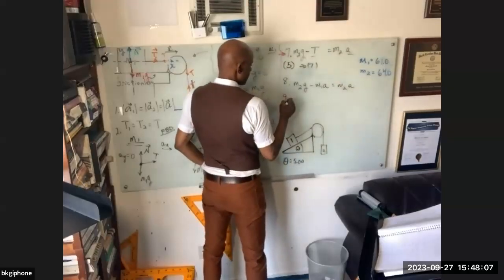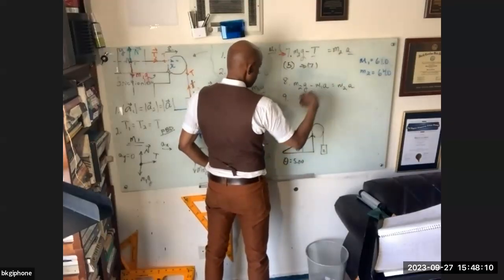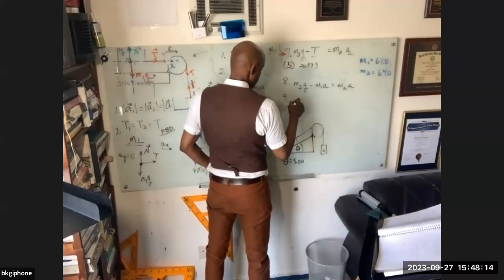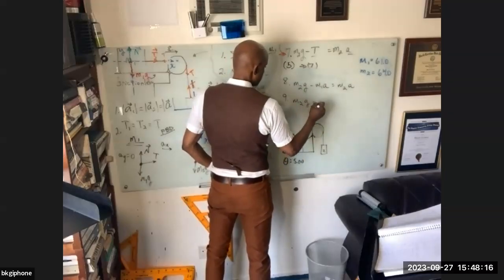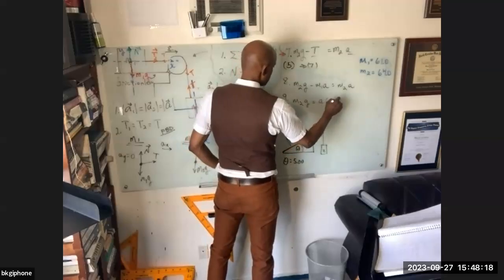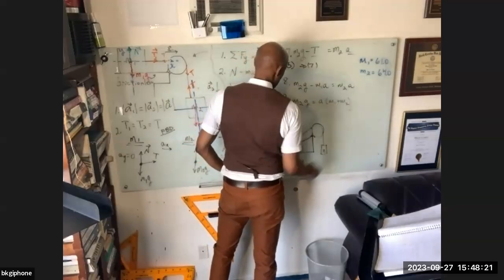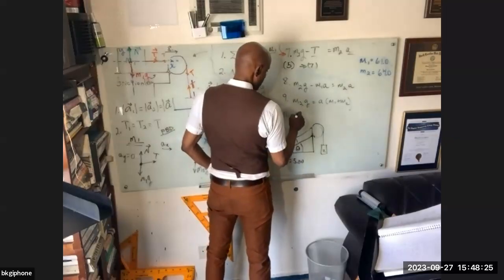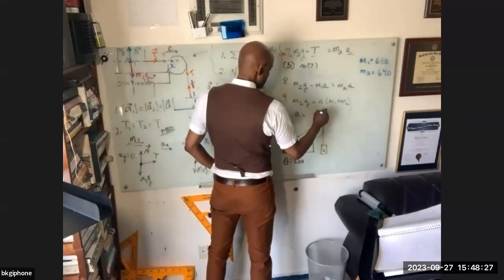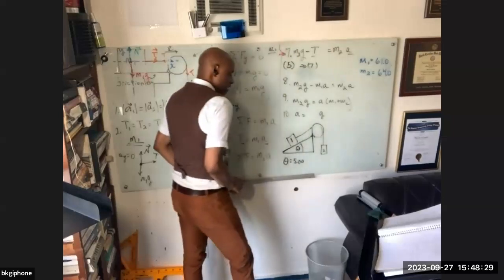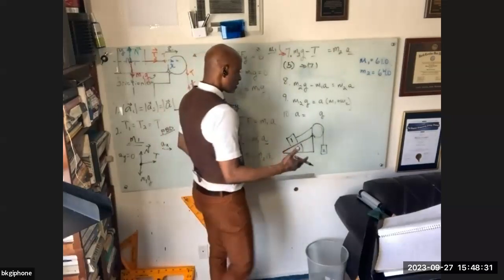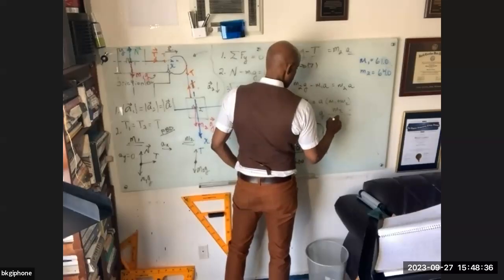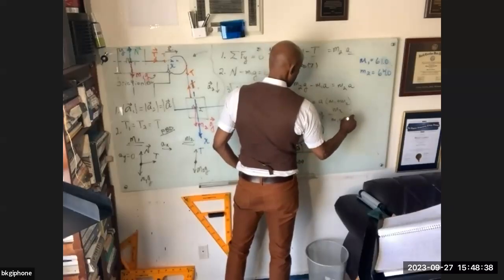And simplifying, M1A goes on the other side, we factor out the A, and we have M2G equals A times M1 plus M2. So the acceleration of the system, A, is equal to G times this normalizing factor, M2 over M1 plus M2.